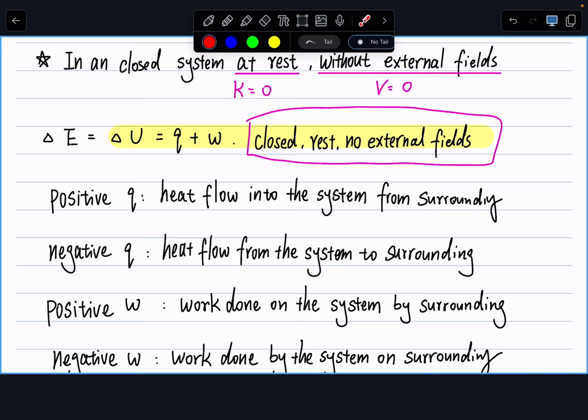In this case, the equation delta U equals Q plus W actually uses two things, right? The first thing is that delta E equals Q plus W. That is just true for any system. That's the first law of thermodynamics.